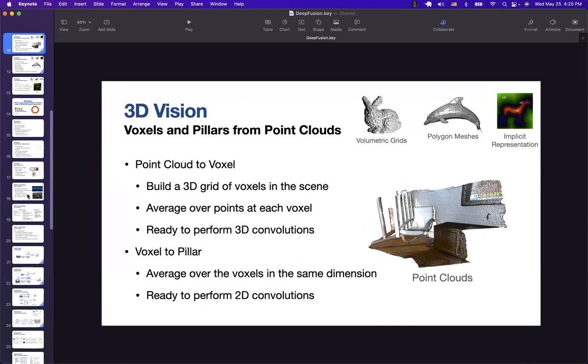So I'm wondering, rather than only point clouds and voxels, would it be possible to use neural radiance fields as a representation in 3D vision in the future for these tasks, or what might be their drawbacks?